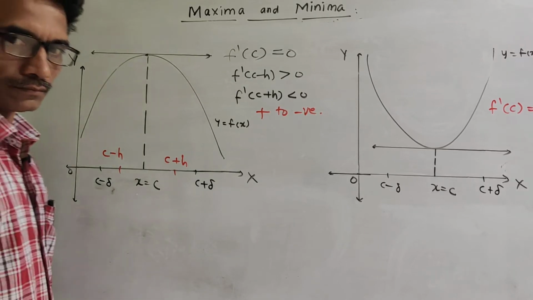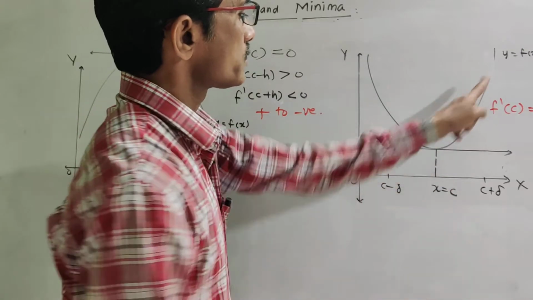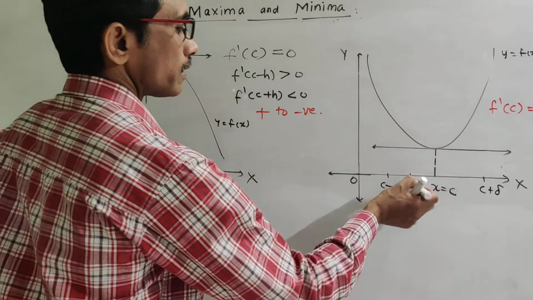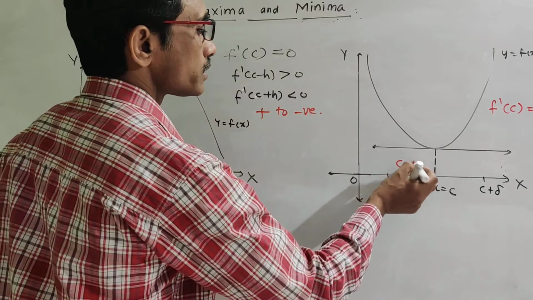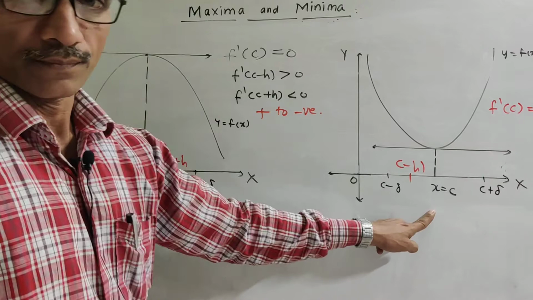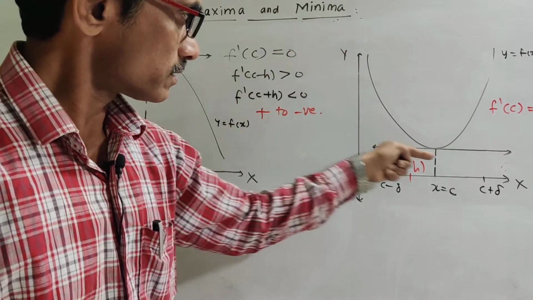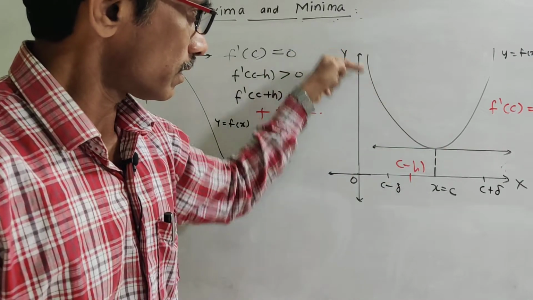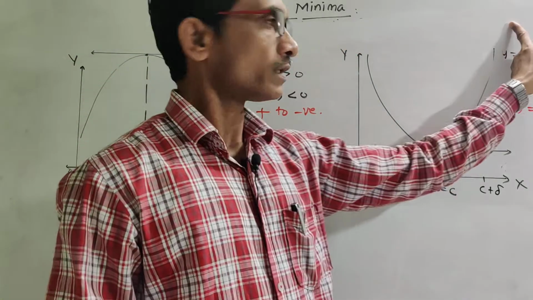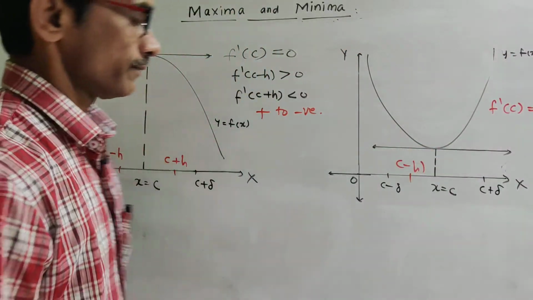Further, this function attains minima at x is equal to c. So what happens here? If we take the point c minus h over here, to the left of x is equal to c, the function attains its minima, the lowest value. See, the function is what? Decreasing. Here the function is what? Increasing, to the right of c.